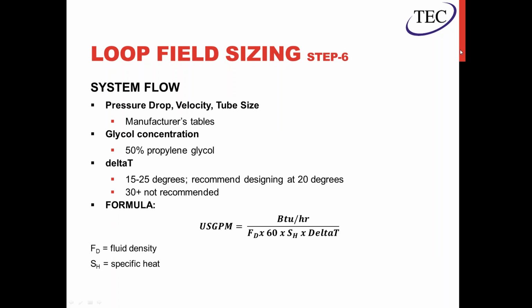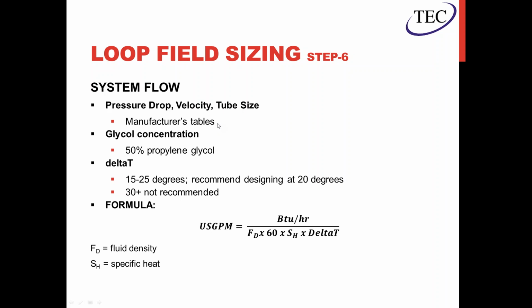All right, so now that we have the load identified for our system, and I will give you a couple rules of thumb to apply to that at the end here, now we need to look at sizing the actual loop field for the hydronic system. So the first way to start this is to figure out your system flow required based on your load.